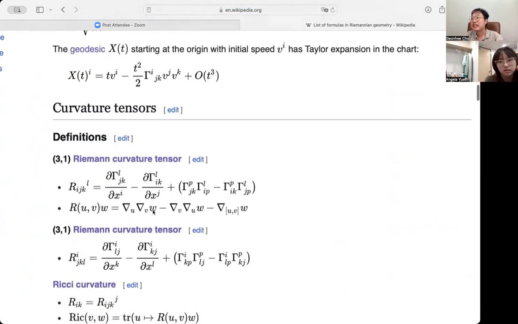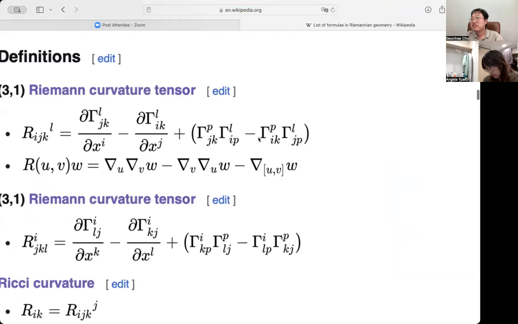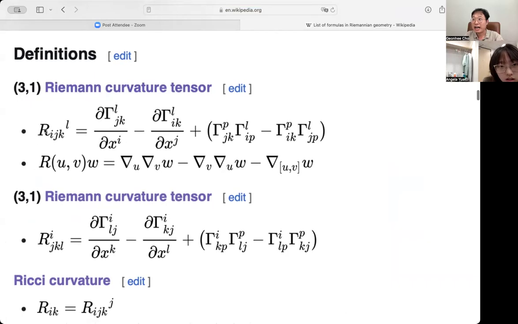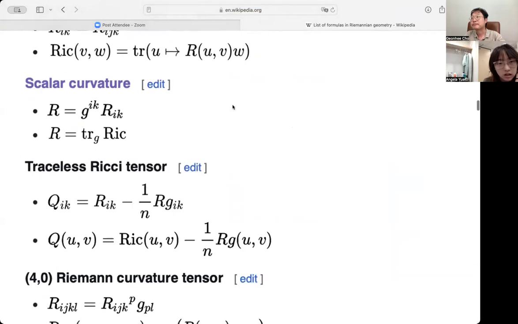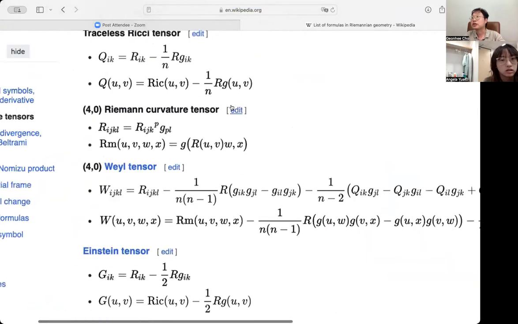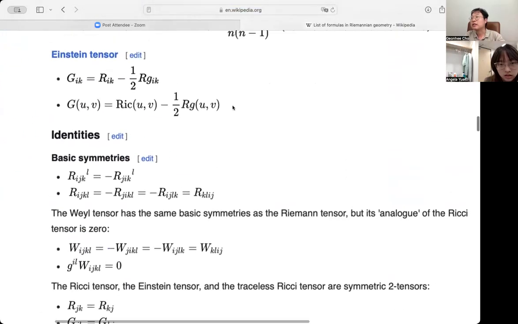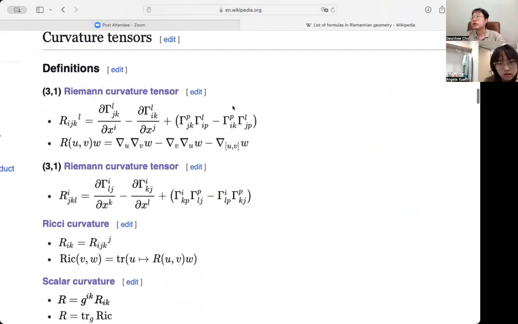So this is the form. Now you know what this is. For R sub ijk with the superscript L, this is the same expression if you compare. And then I just need to show you the R with the subscripts.